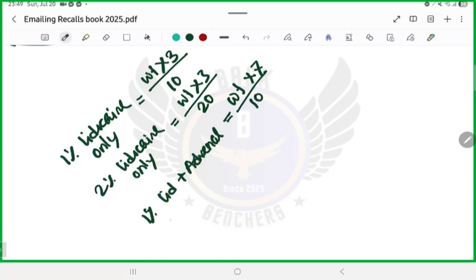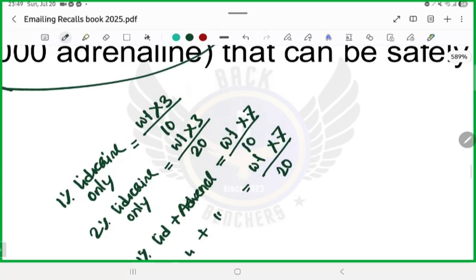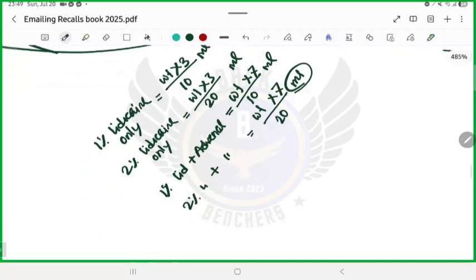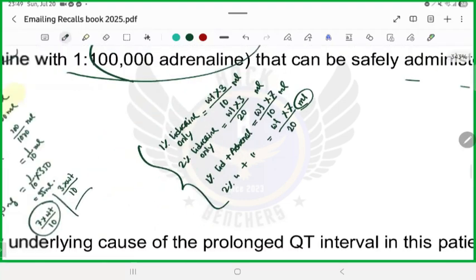Simple and easy, guys. 2% lidocaine plus adrenaline, weight into, sorry guys, 7 by 20. So that will be our ml. So what do you do? Write it down, the pen and paper you will have in the exam hall, just write it down before.